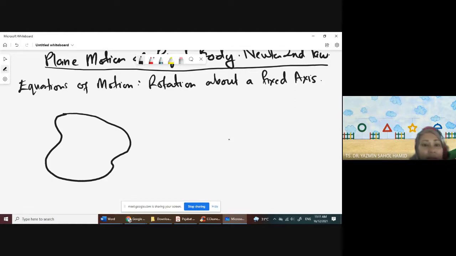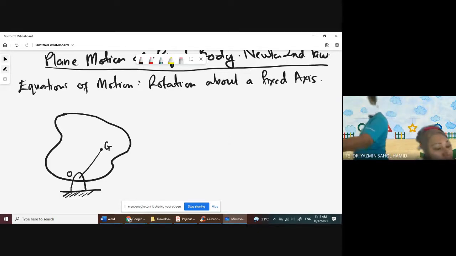Let's consider a rigid body, as you can see in this diagram, which is constrained to rotate in the vertical plane about a fixed axis that is perpendicular and passing through point O. Let's say this is our point G, and this is our point O.